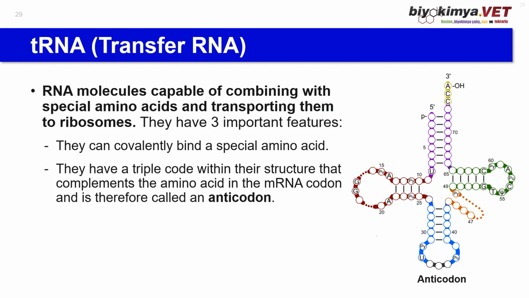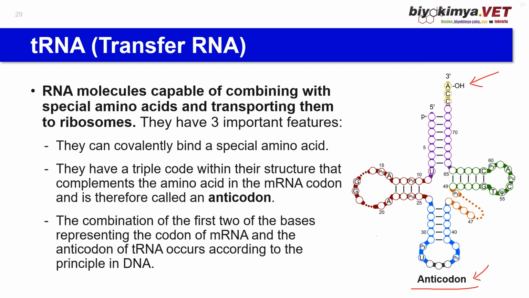So this is the anticodon moiety here, and here is the moiety which covalently binds the special amino acid regarding the anticodon. The combination of the first two bases representing the codon of messenger RNA and the anticodon of transfer RNA occurs according to the principle in DNA.